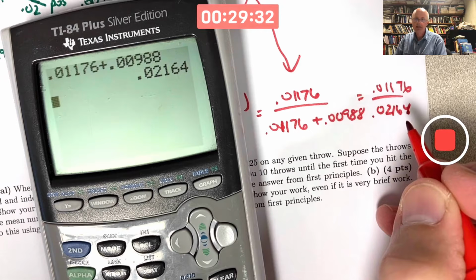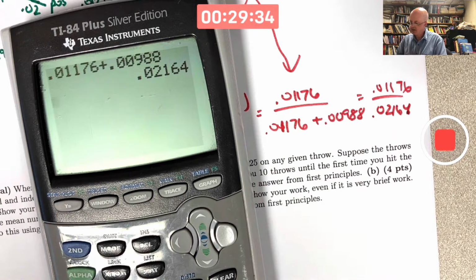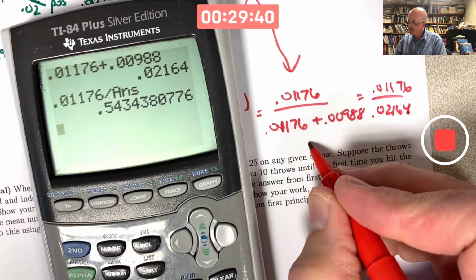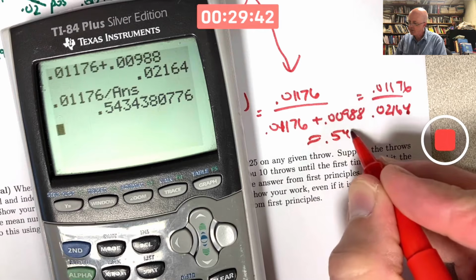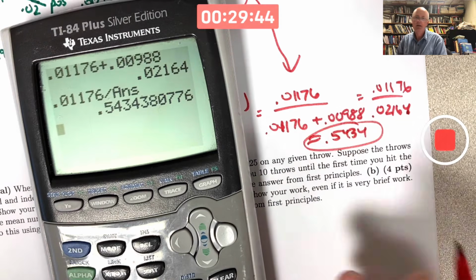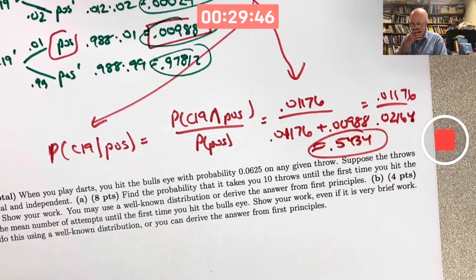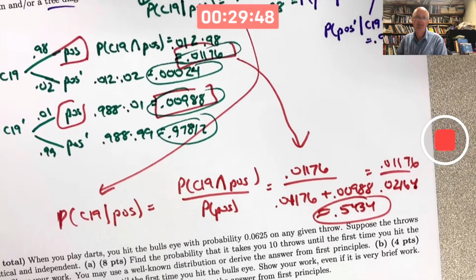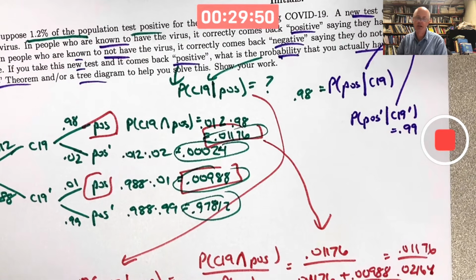Hopefully no mistakes. I'll try to put a note if there is a mistake. 0.01176 divided by that is about 0.5434 as your approximate probability of actually having the virus when this new test comes back positive.